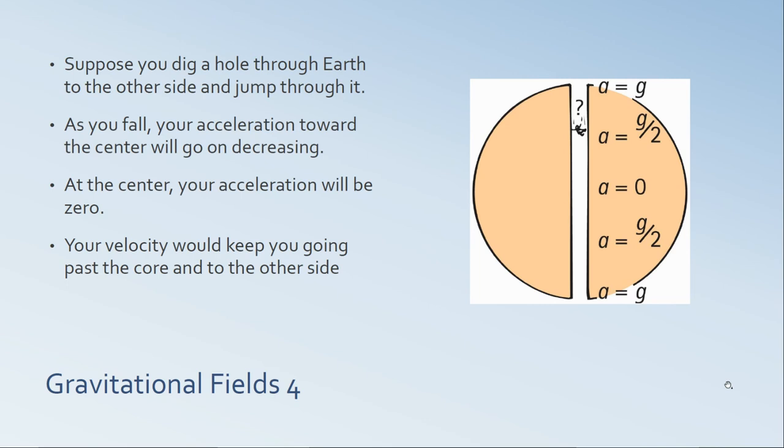And theoretically, if you had a frictionless hole with no air going all the way through a planet and you jumped in, you would just keep ping-ponging back and forth forever, as your acceleration would go to 0, and then increase again until you got to the other side, and then decrease to 0 and increase again, back and forth. So you could just ping pong back and forth through the center of this planet forever.